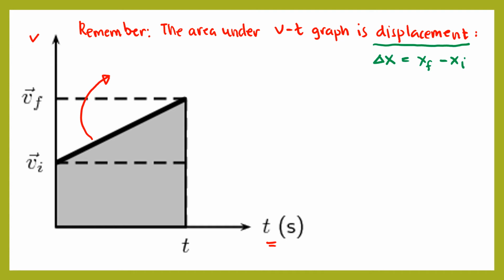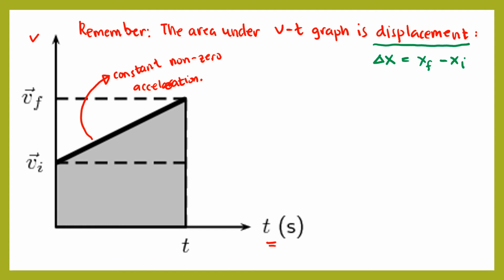So here we have constant non-zero acceleration, again mainly because the velocity of the object is increasing at a constant rate.